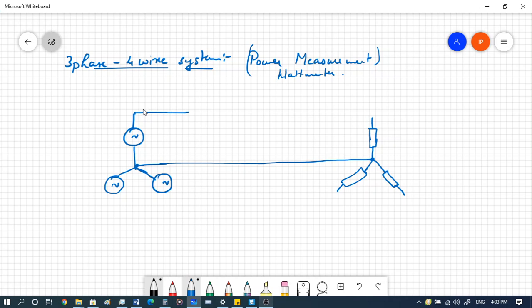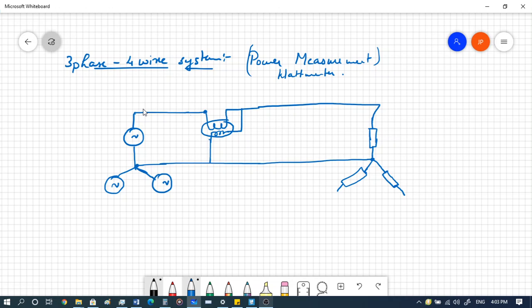So what we do is that, let's say this is your line A, so you'll connect a wattmeter. The current coil will come from the wattmeter directly from the line, and then you'll connect the pressure coil to the neutral.